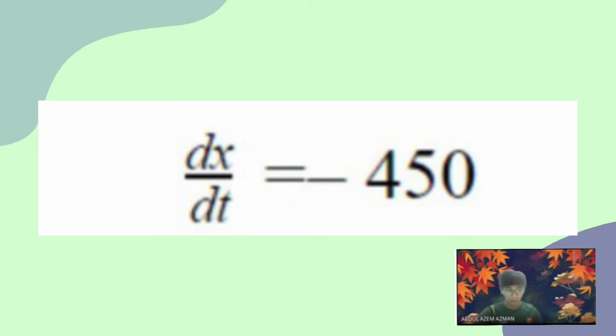The adjacent is x. After we differentiate it with respect to time, we get dx over dt equals negative 450 kilometers per hour. But why is it negative?